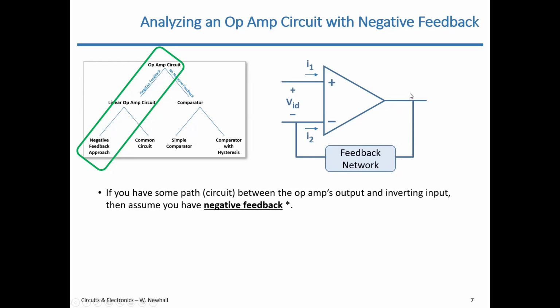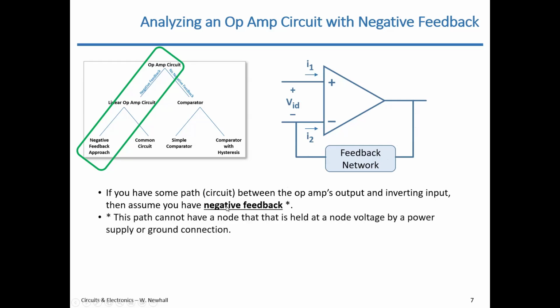The reason this is negative feedback is because the output can in some way influence or change the voltage at the inverting input. That means that this path cannot have a node somewhere in there that is held at a node voltage by a power supply or a ground connection. In other words, if the output changes and the inverting input voltage doesn't change, you don't have negative feedback.